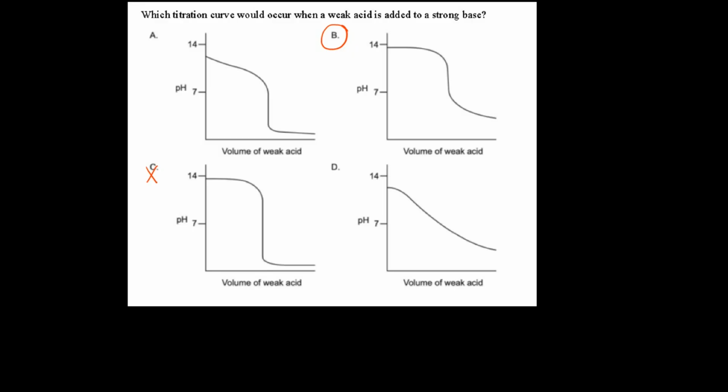A is also not an option because we have our analyte as a strong base, so the pH will be constant, close to 14. It will not drop sharply, and also at the end this pH will not be so close to 0 and 1. So this is also not an option. Option D is not a titration curve at all. It looks very strange. So only option B is the option.